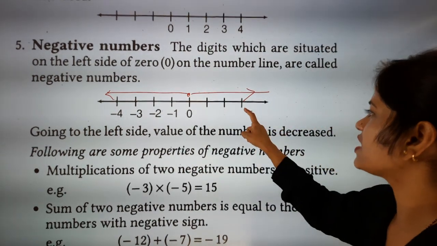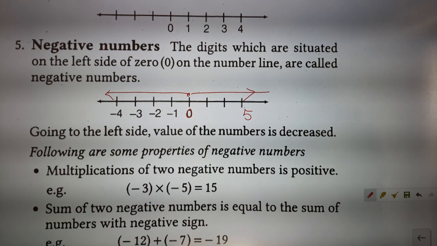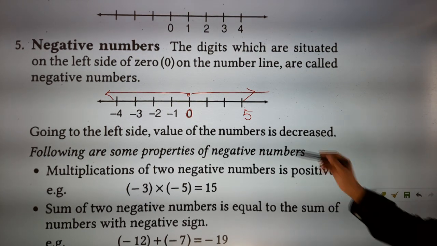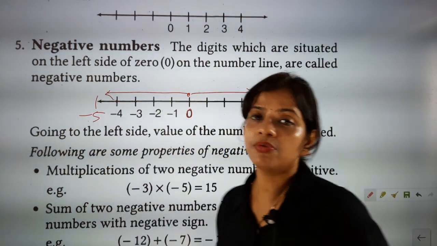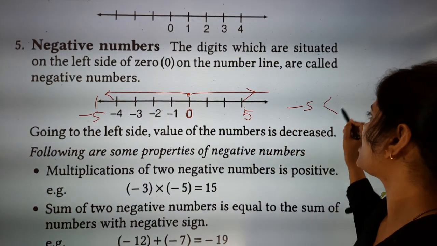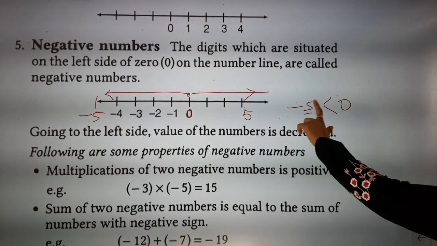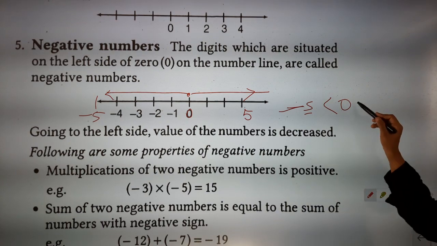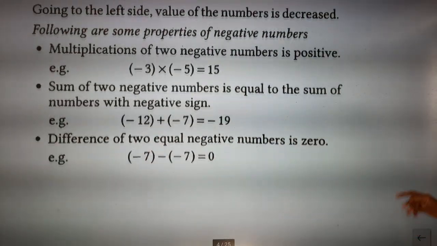If somebody asks which is greater, 5 or 0, you will say 5 is greater than 0. But if somebody asks between -5 and 0 which one is greater, you will say -5 is lesser than 0. Though 5 is a bigger number, with 5 the negative sign is there, so 0 will become greater than -5.